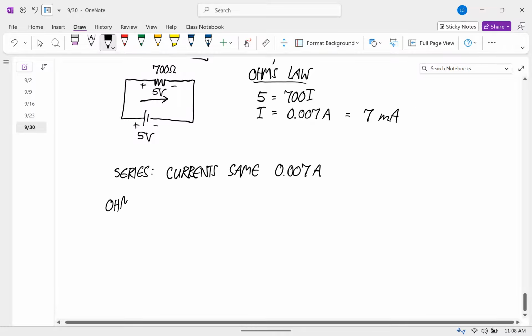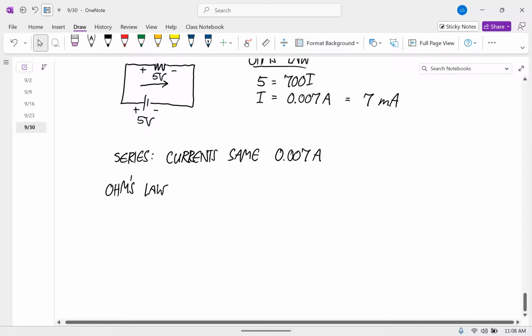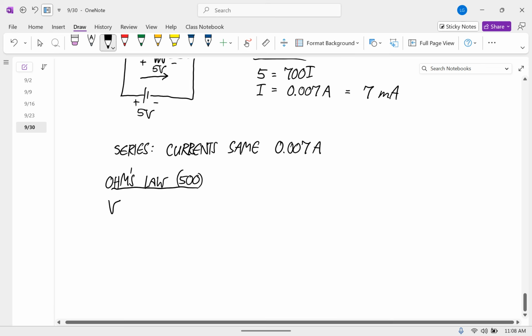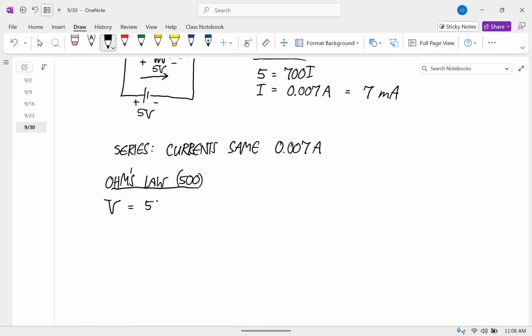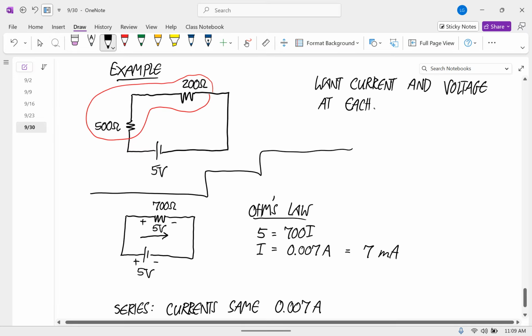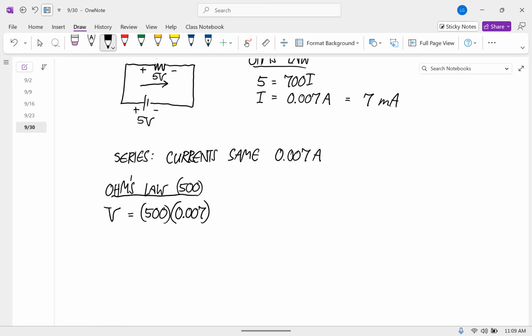Ohm's law for the 500 says that the voltage is equal to the resistance of 500 ohms times the current. And so that is 3.5 volts.